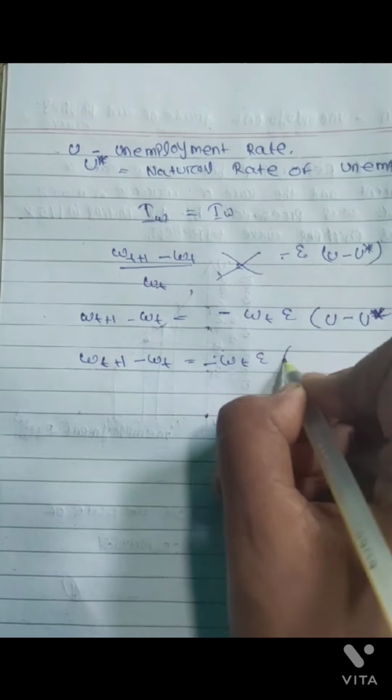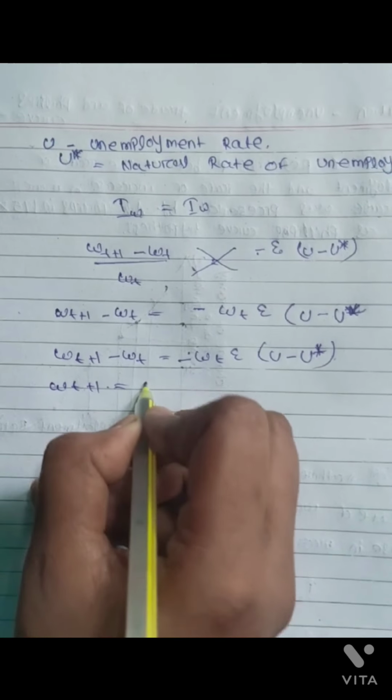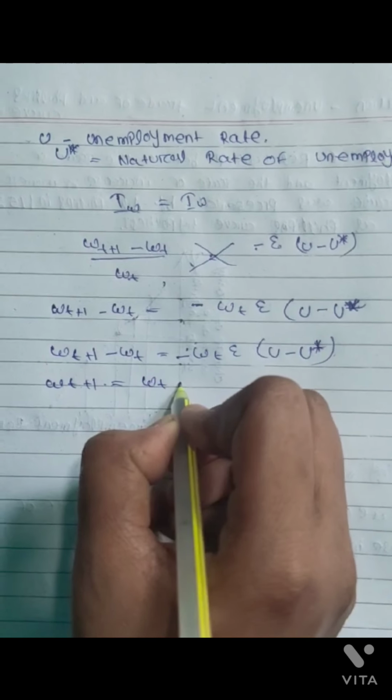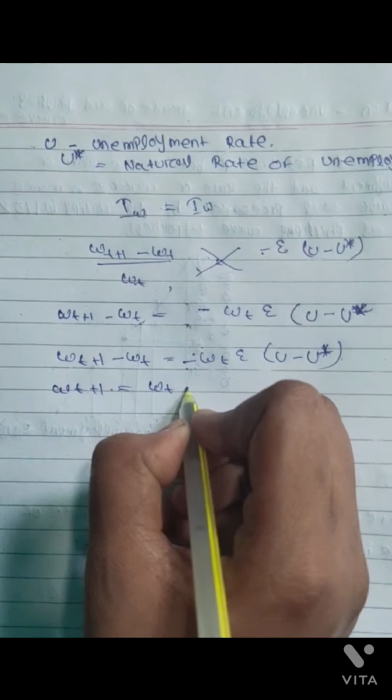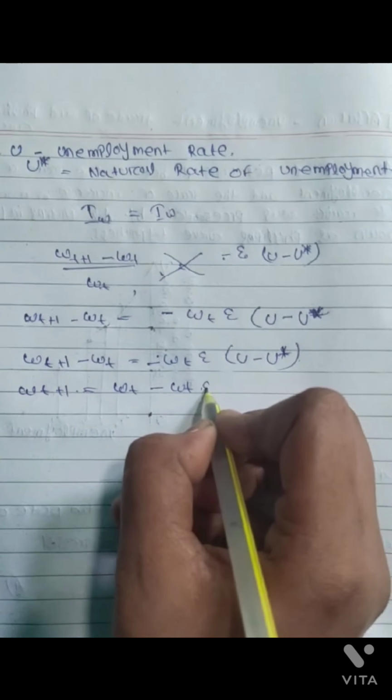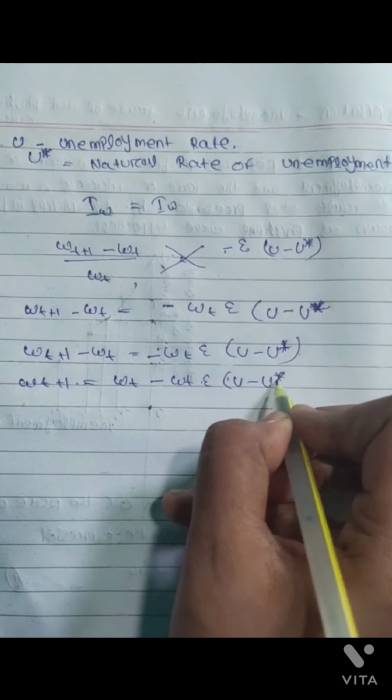Then WT+1 equals WT minus WT summation (U minus U star).